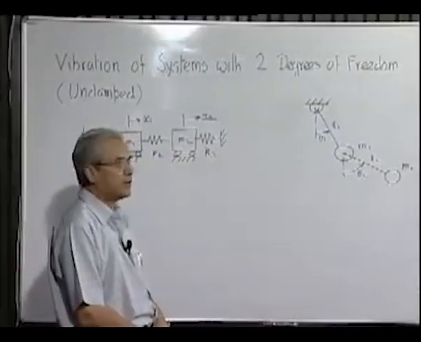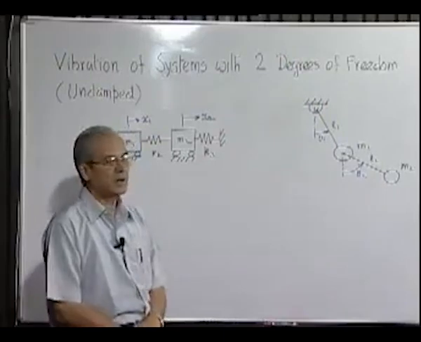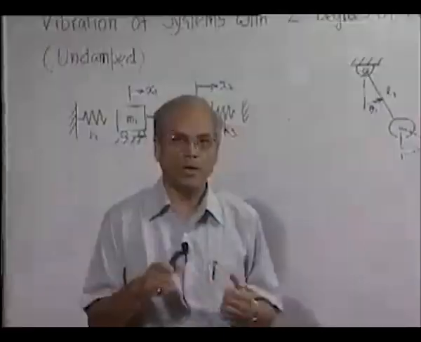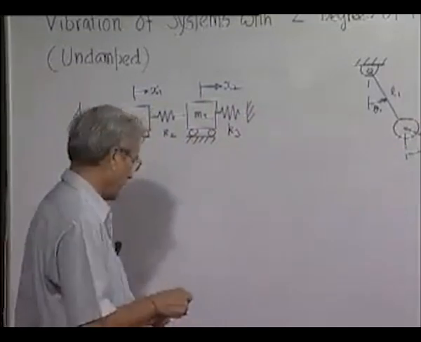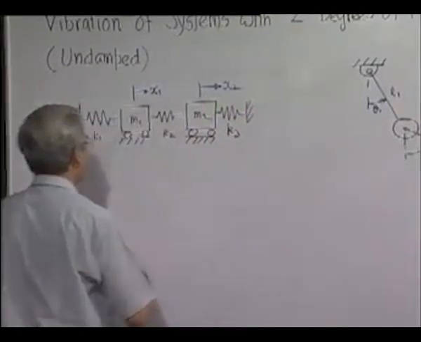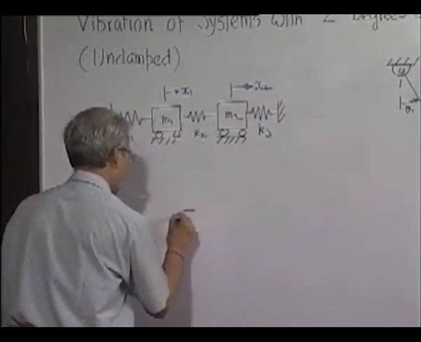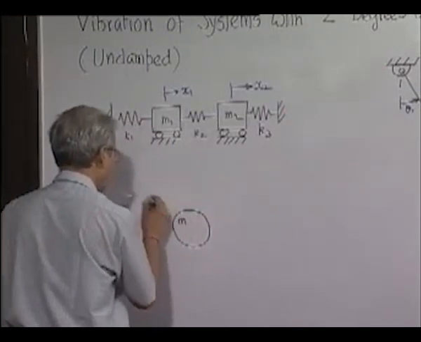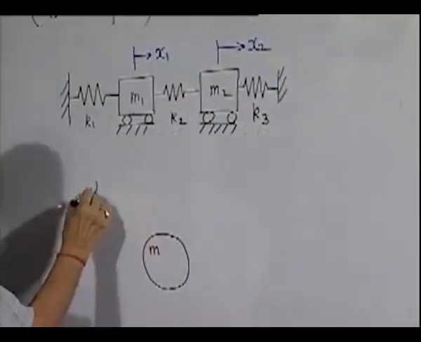This is another case of 2 degree freedom. As you can see, the displacements from the equilibrium position are represented by two angular rotations of the two rods of length L1 and L2. The displacement coordinates are theta 1 and theta 2.